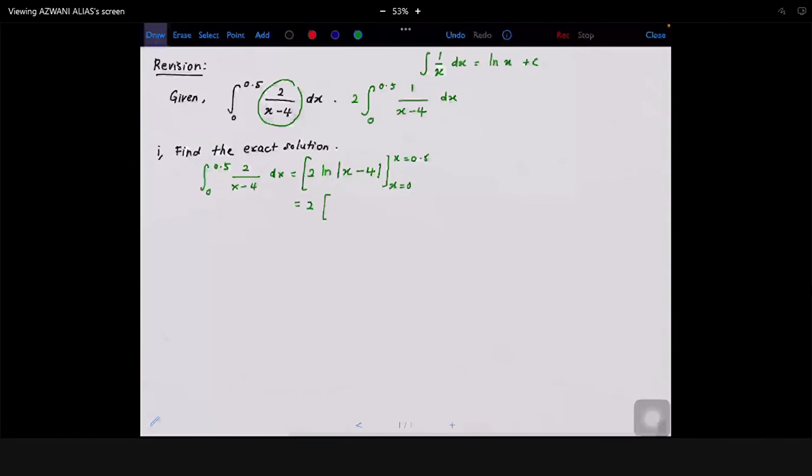Ganti nilai. So ganti nilai you akan dapat ln 0.5 tolak 4.